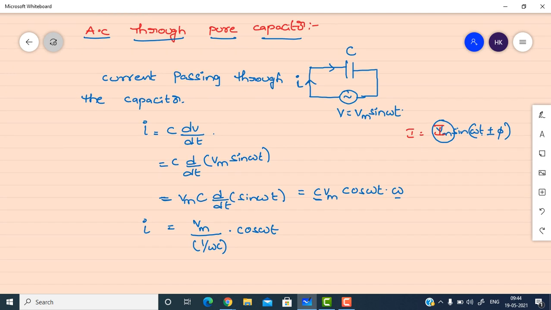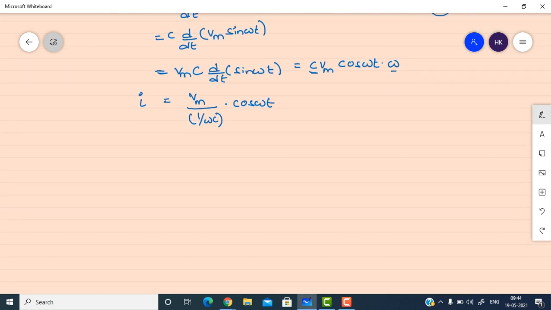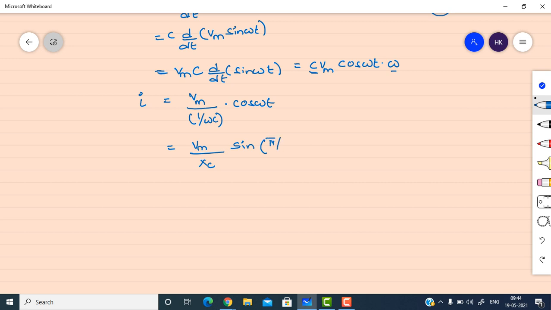How can you convert it? This 1 by omega C, I am writing it as Xc. How can you write this cos function in terms of sine? Sine 90 plus theta, sine pi by 2 plus omega t.